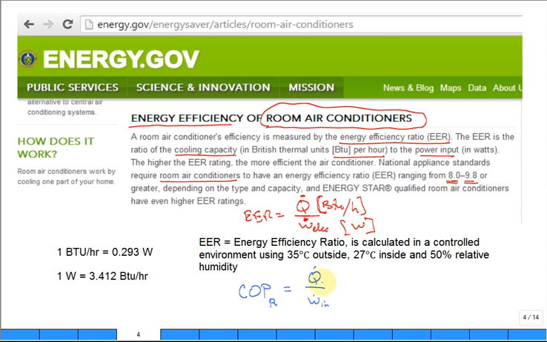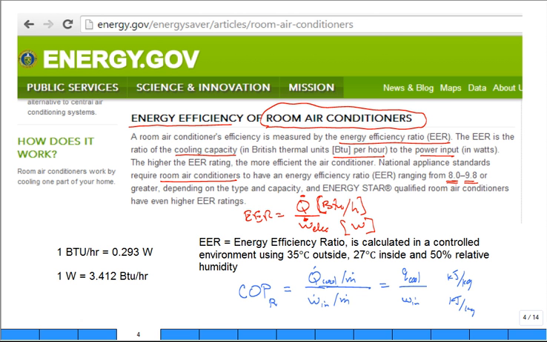Q dot for our cooling, what we desired, over W dot, the power into it. Sometimes you put this over m dot, and then that was lowercase q cool divided by lowercase w in units of kilojoules per kilogram, and it's the same units on both numerator and denominator.